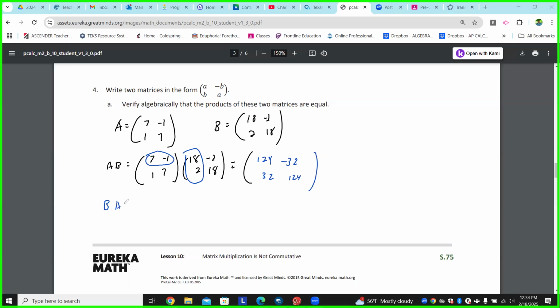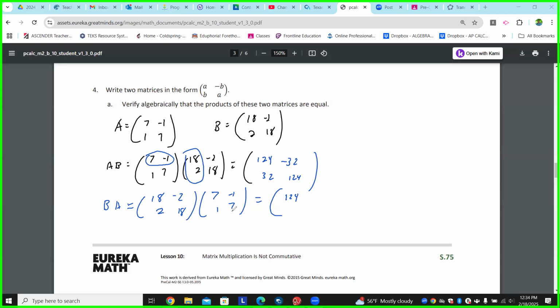Let's do B times A. Does it give me the same answer? Eighteen times 7, we determined was 126. Negative 2 times 1 is negative 2. So what's 126 minus 2? 124. 18 times negative 1 gives us negative 18.